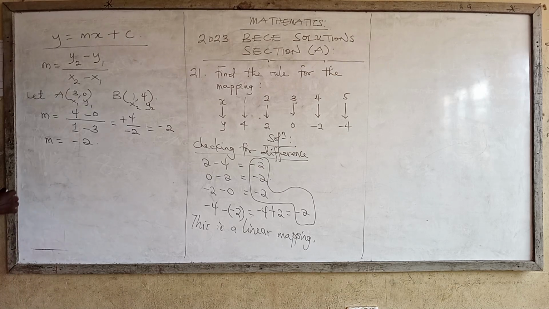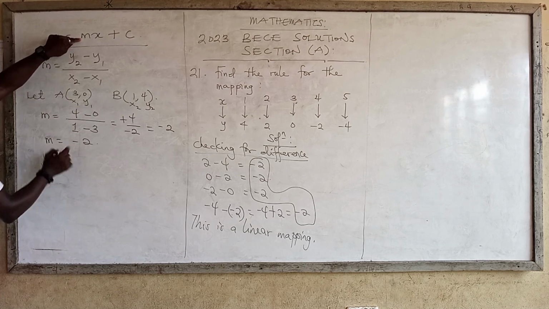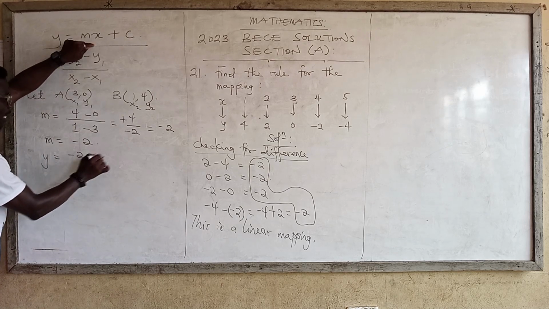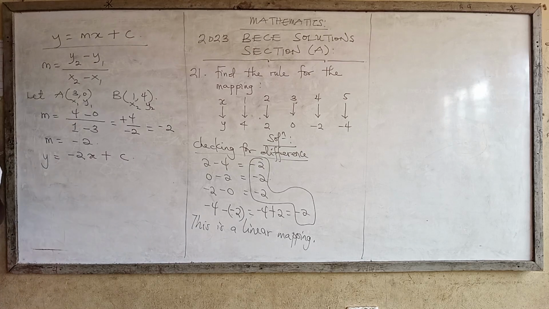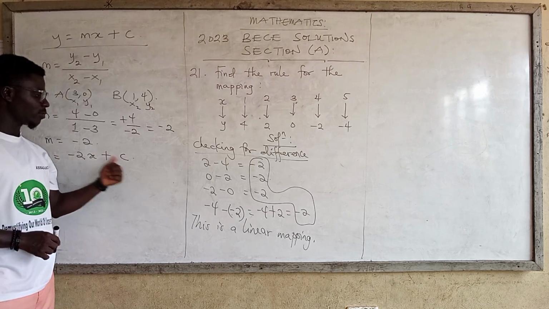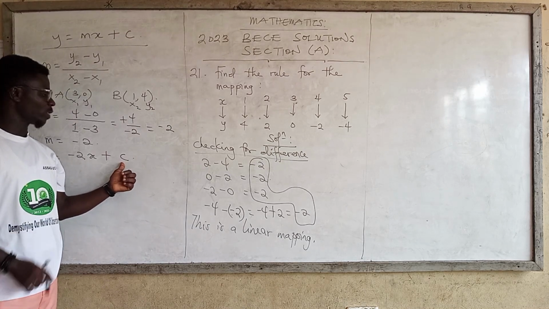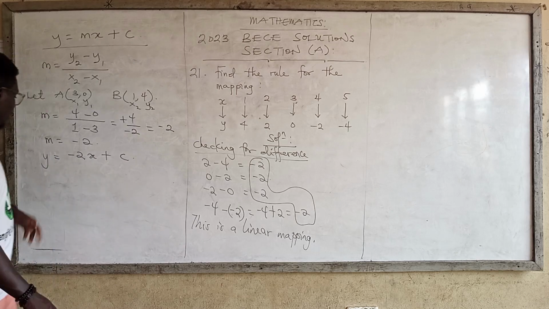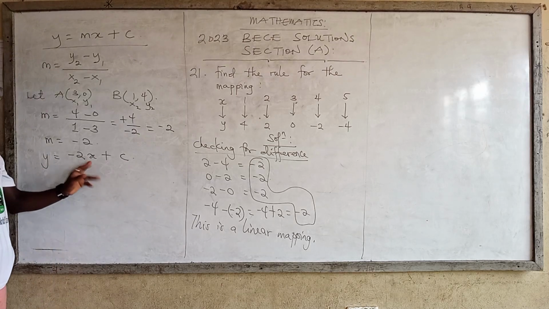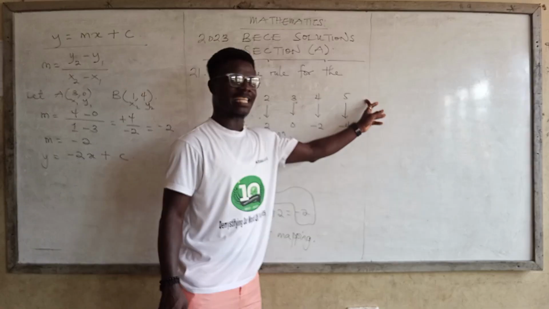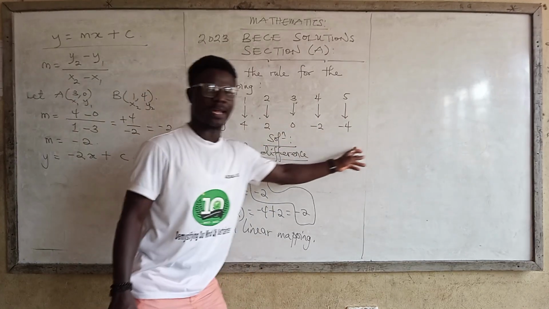Now we can put that into our expression or our relation. So I have y equals negative 2 times x plus c. This time around, we do not know c. We know y and we know x; they've given us all the x values and all the y values.